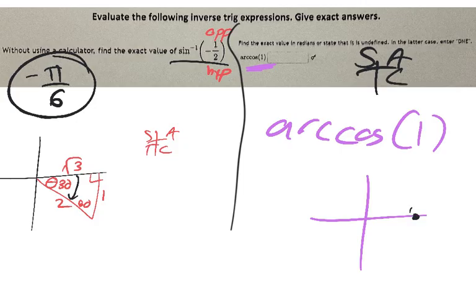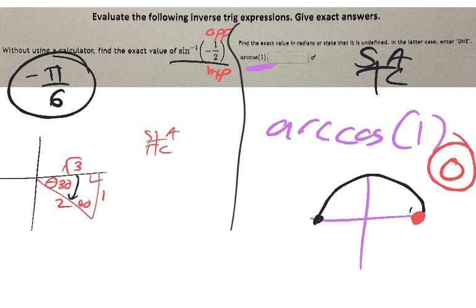This is a special case, because think about if I tried to make this a ratio where the adjacent side is 1 and the hypotenuse is 1. That's not any right triangle I know. So this is rotating to an axis. Cosine is the x value, so I'm looking for where the x value was 1. It's right there if I rotated nowhere. So it's 0. Ain't that cool?